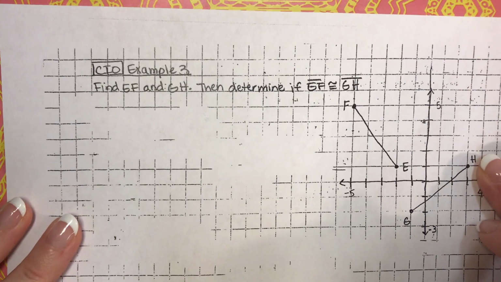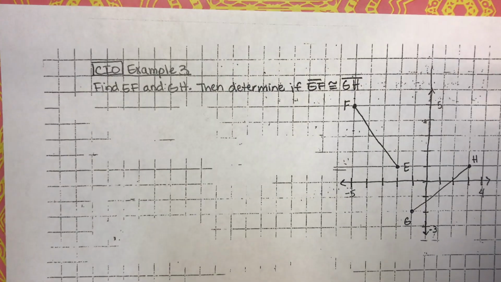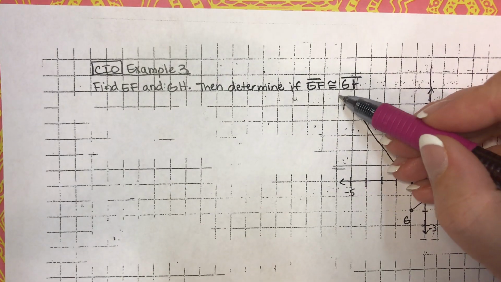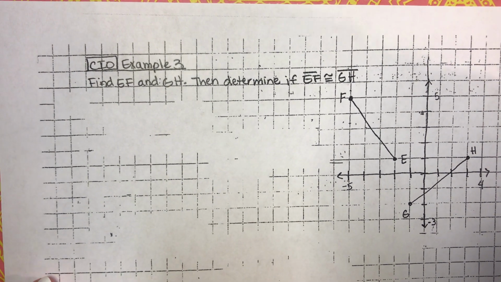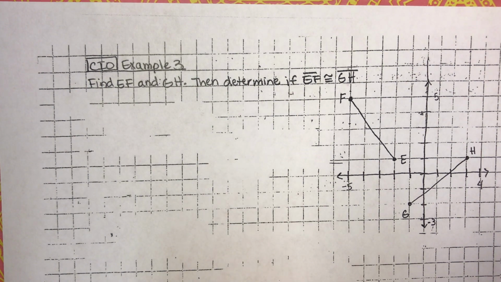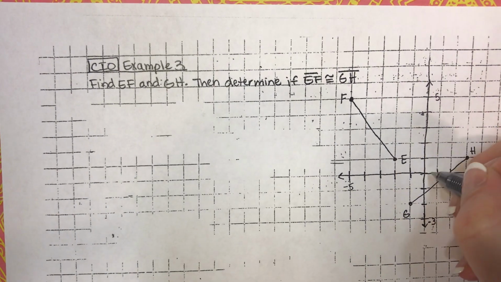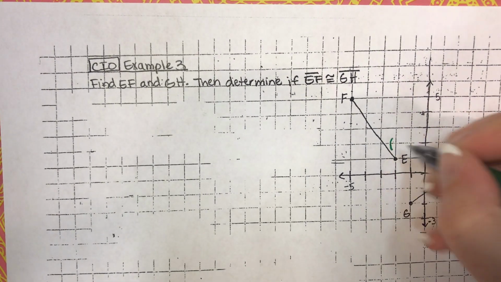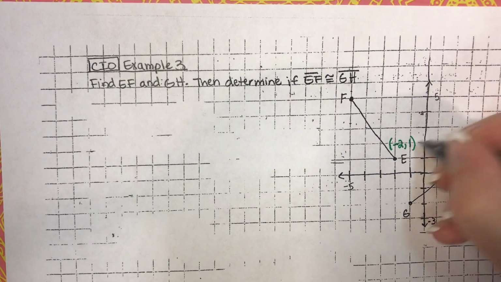All right. So here we have another problem. It says find EF and GH and then determine if EF is congruent to GH. Okie dokers. Find EF. So let's go ahead and find EF first. To do that, I'm going to go ahead and label what these points are. E is -2, 1.